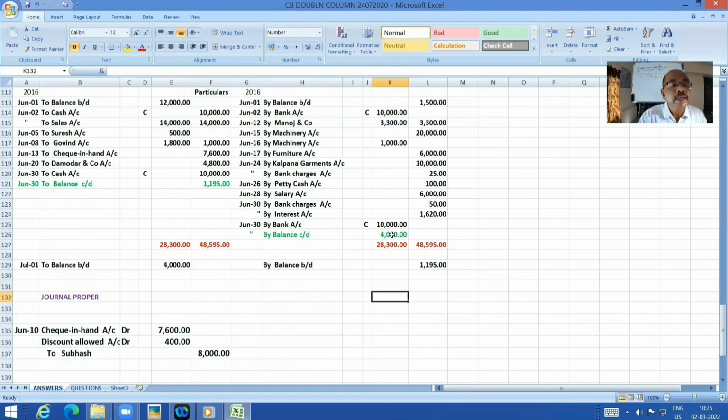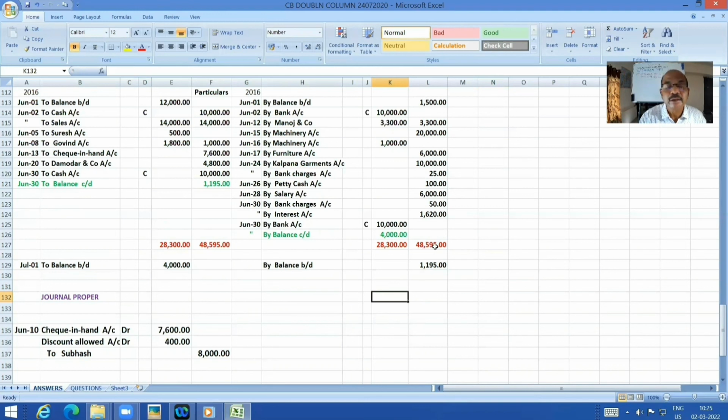Fine. Now, the bank column, I have to balance. On careful examination, I found 48,595. The credit side is more. I total that first. Total the heavier side, or the side having more amount. Yes, this side is having more amount.